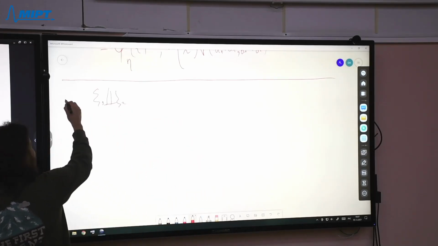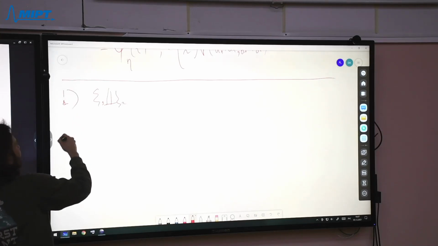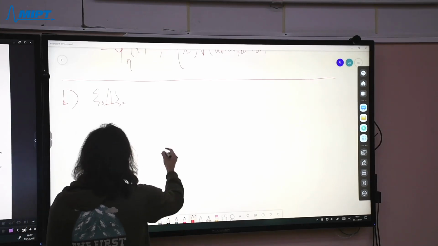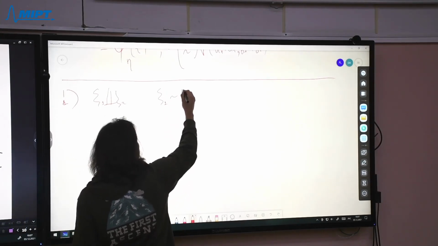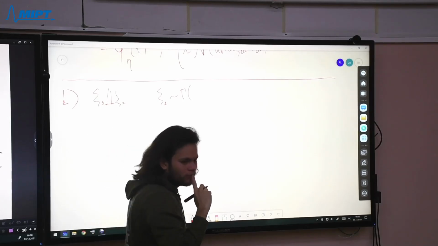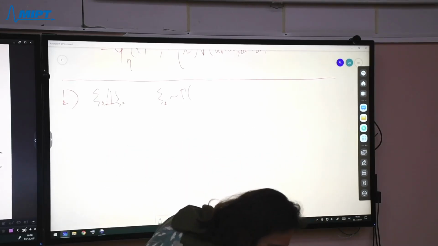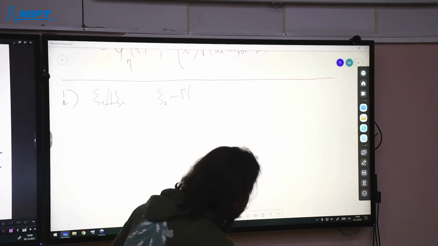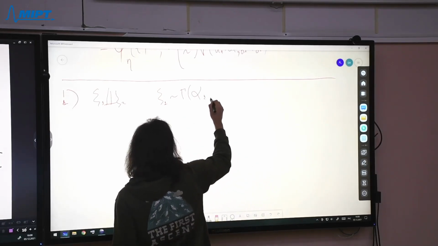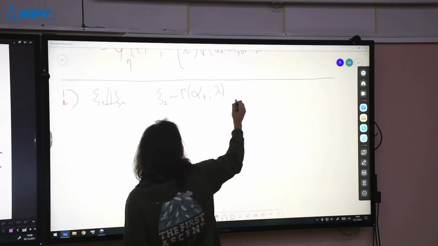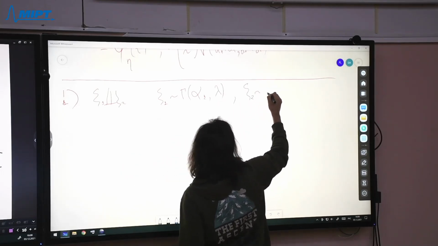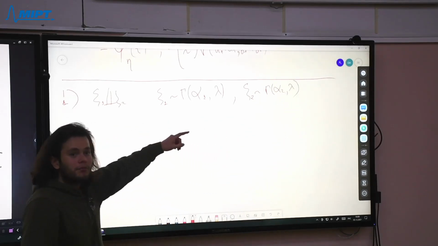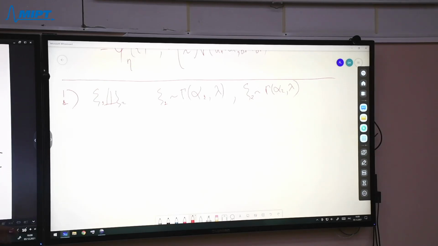This is exercise B. So psi1 has the gamma distribution with parameters alpha 1 and lambda, and psi2 has parameters alpha 2 and lambda. So lambda is the same, alpha changes. Exactly the same, right?